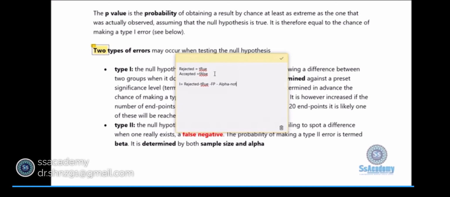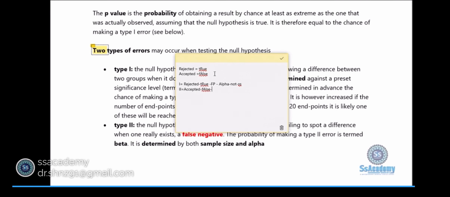In contrast, type 2 equals accepted when it is false. This is a false negative, and this is beta and dependent on sample size.